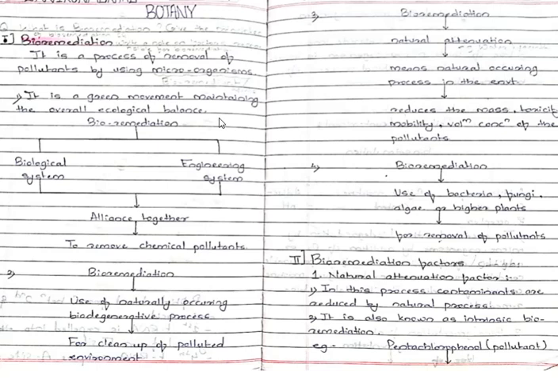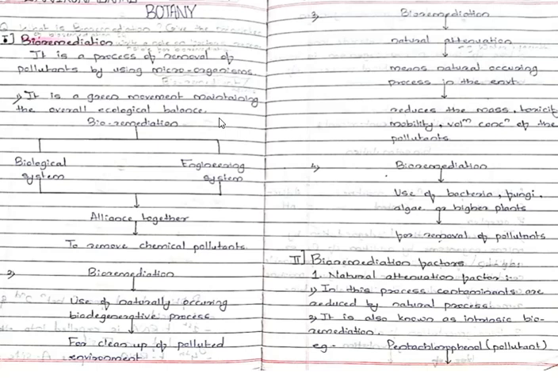Our first point is bioremediation, and the questions asked in the exam are: what is bioremediation, and give the different factors regarding bioremediation. Also the question asks to write a note on factors which are responsible for bioremediation.